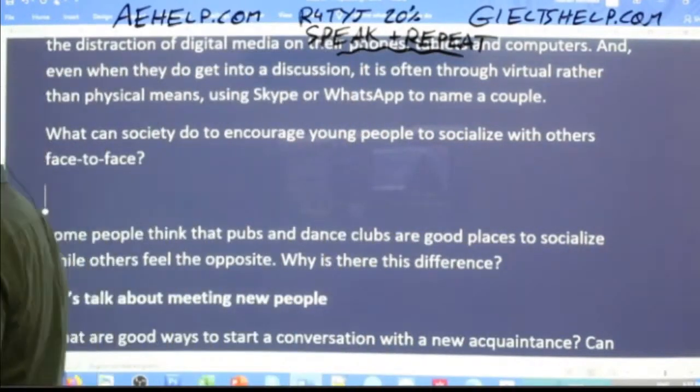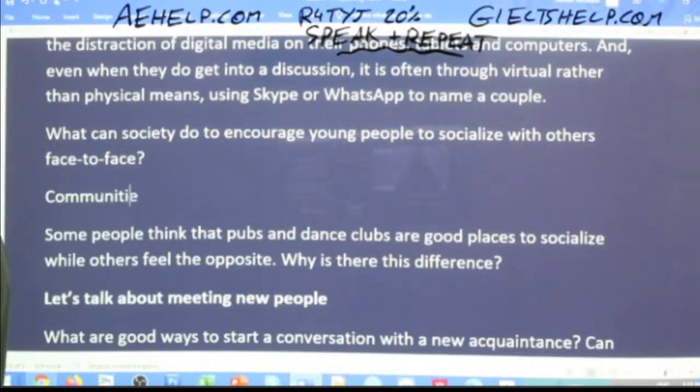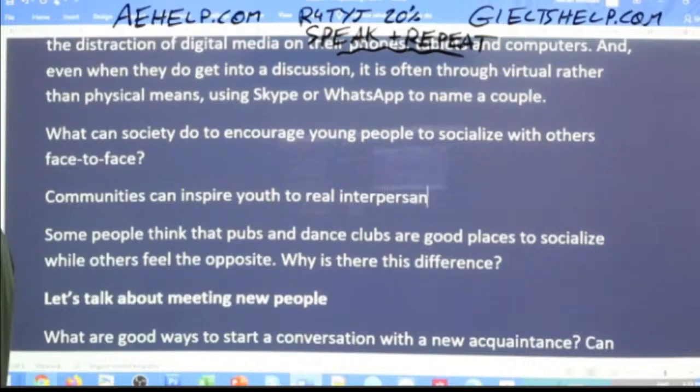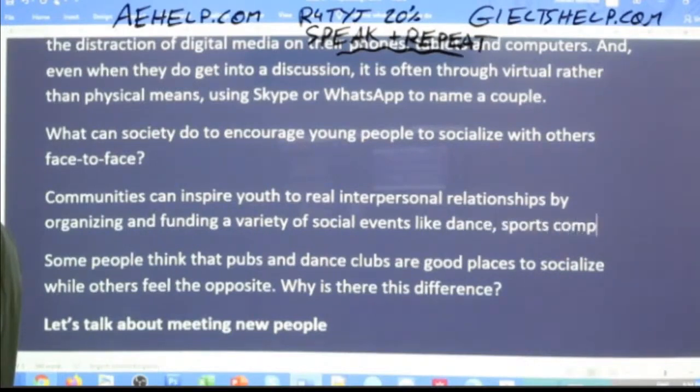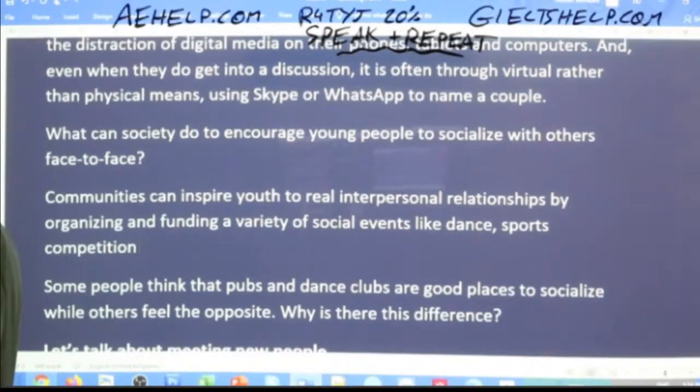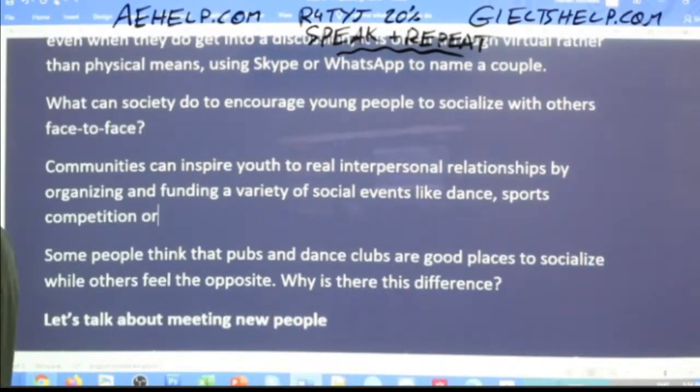All right. So communities can inspire youth to real interpersonal relationships by organizing and funding a variety of social events like dance, sports competition, and other fun games.